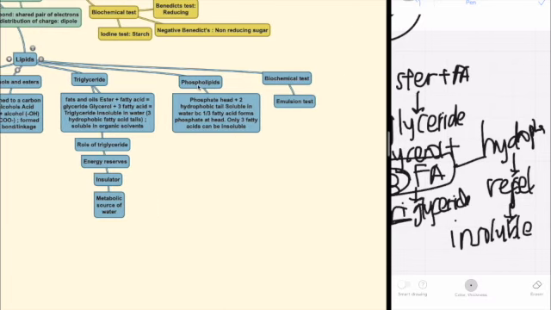Next are the phospholipids. Phospholipids have a phosphate head and two hydrophobic tails. Phospholipids are soluble in water. The reason why they are soluble in water, even though they have hydrophobic tails, is because, as you can see here in triglyceride, three hydrophobic fatty acid tails will be insoluble.